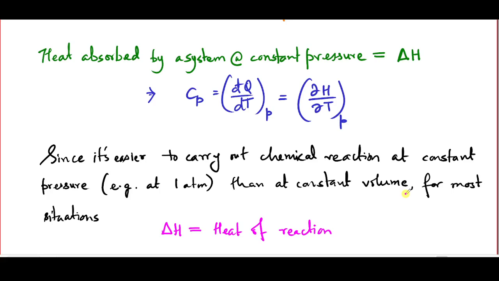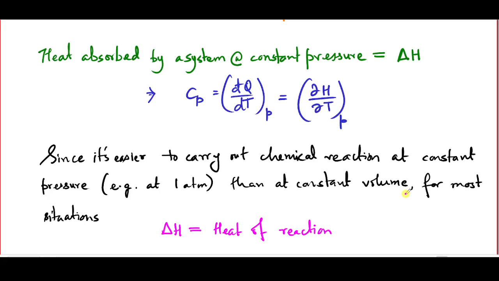So since it's much easier to work at constant pressure than at constant volume, a chemist typically prefers something which would essentially tell you heat absorbed at constant pressure rather than heat absorbed at constant volume, which is why enthalpy reigns supreme in the chemist's world.